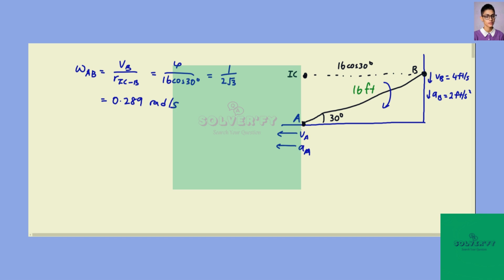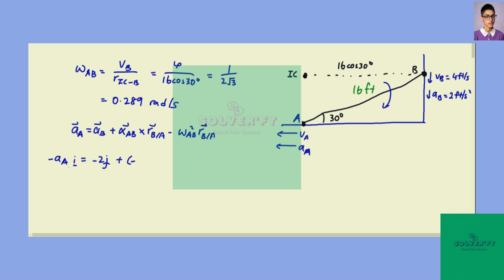Then we can use the relative acceleration equation. AA is AB plus alpha AB cross RB relative to A minus omega AB squared RB relative to A. So this is minus AA in the I direction. AB is minus 2J.